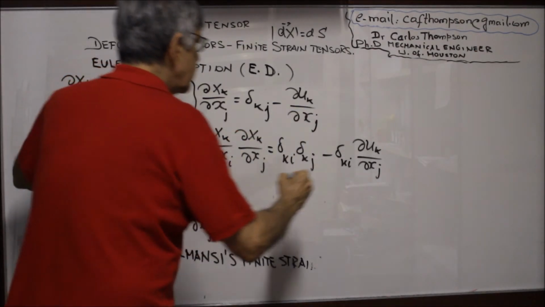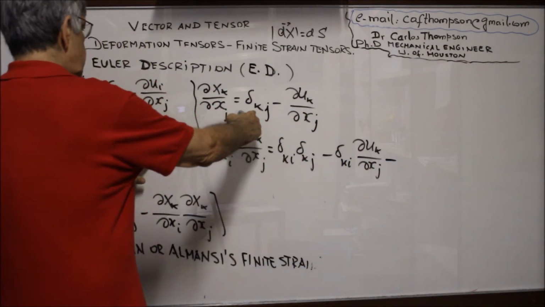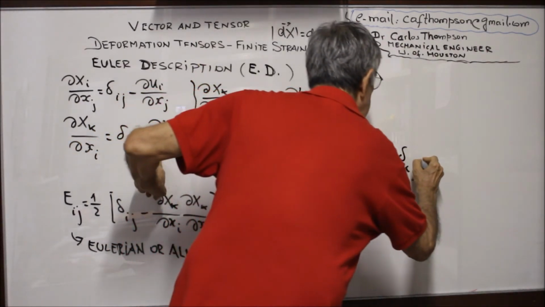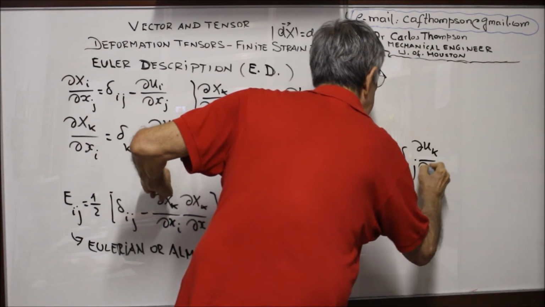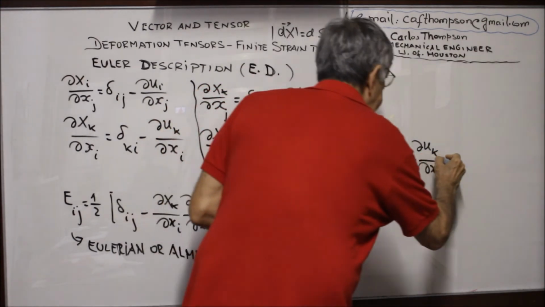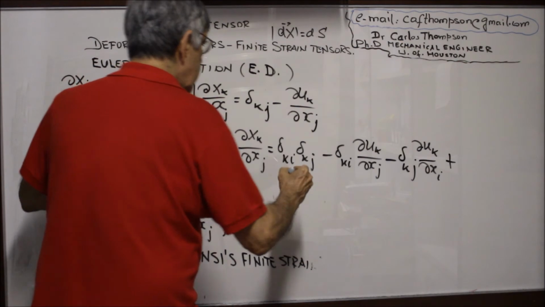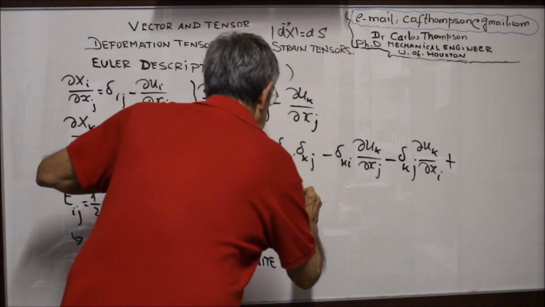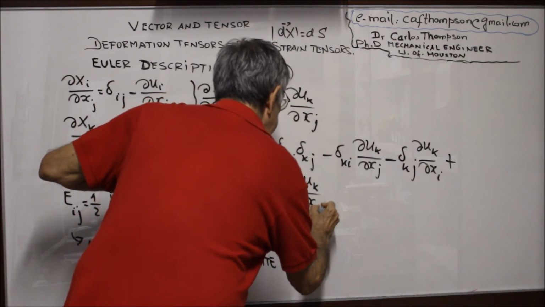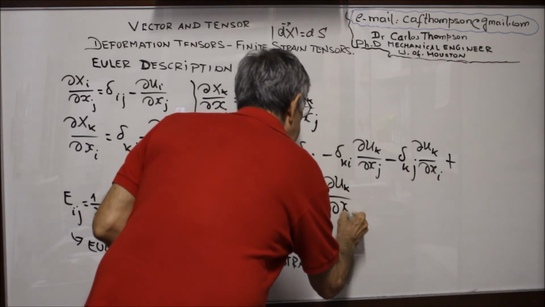Now this minus, now this will multiply delta kj times partial of uk with respect to xi, and then finally plus, now the product, okay, this times this, plus partial derivative of uk with respect to xi times partial of uk with respect to xj.